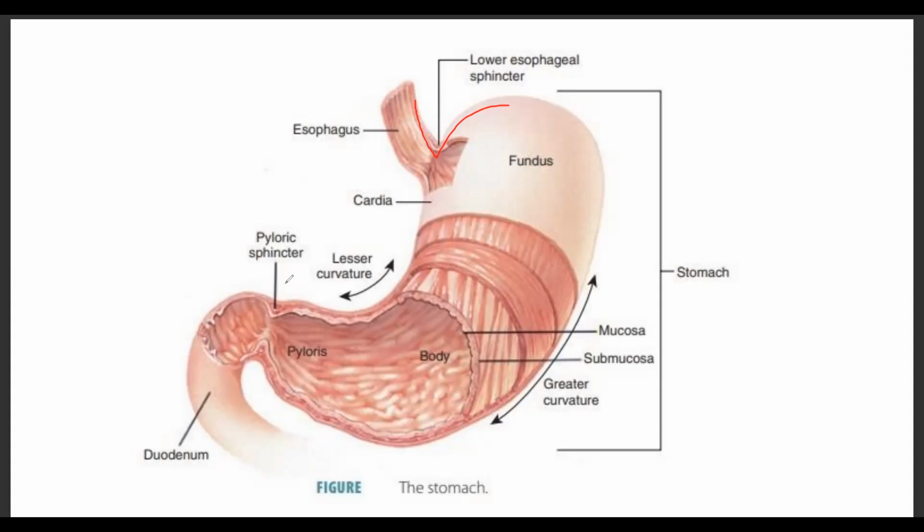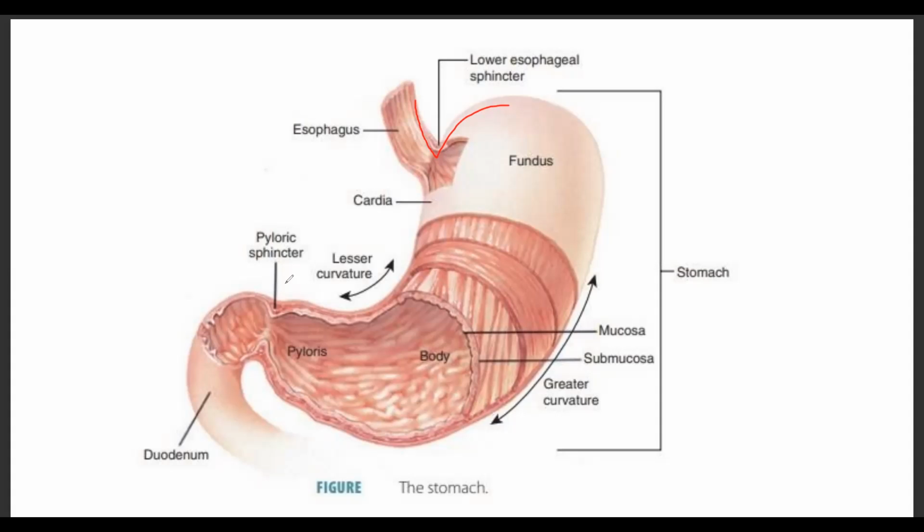Next point: sphincters are found at the junctions. The sphincter found at the junction between the esophagus and stomach is called the cardiac sphincter. Next point: the sphincter found at the junction between the stomach and small intestine is called the pyloric sphincter.